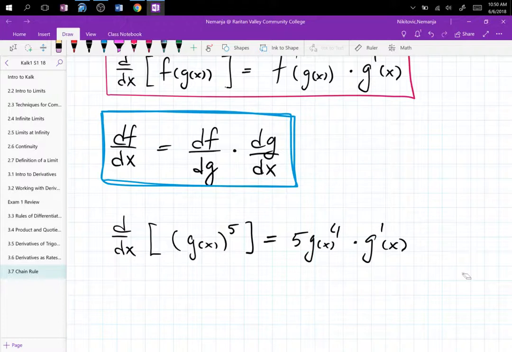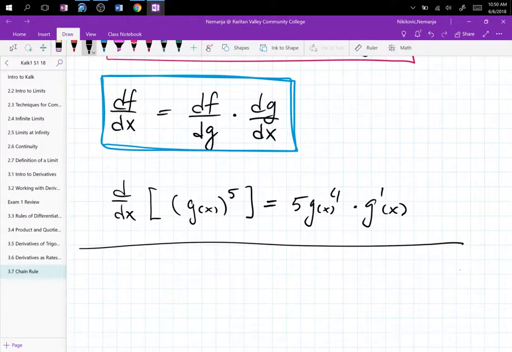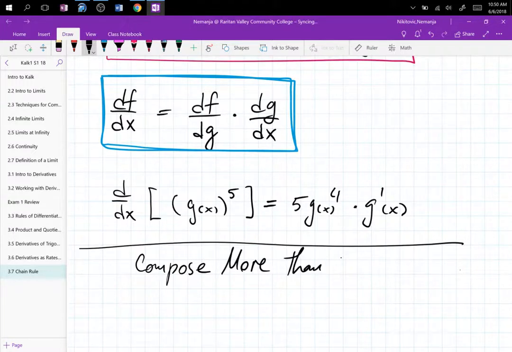We are going to use this idea in two sections that are coming up. Now, the next part here is to elaborate on the blue box and compose more than two functions.